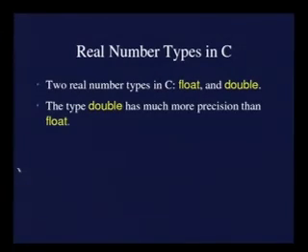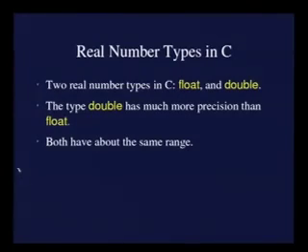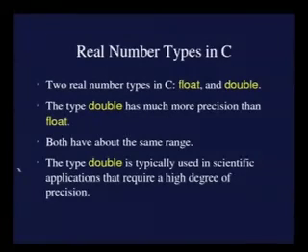Both have about the same range, that is the smallest and the largest real numbers that can be stored are about equal in both these types. The difference, remember, is in the precision. So the double type is typically used in scientific applications that require a high degree of precision.